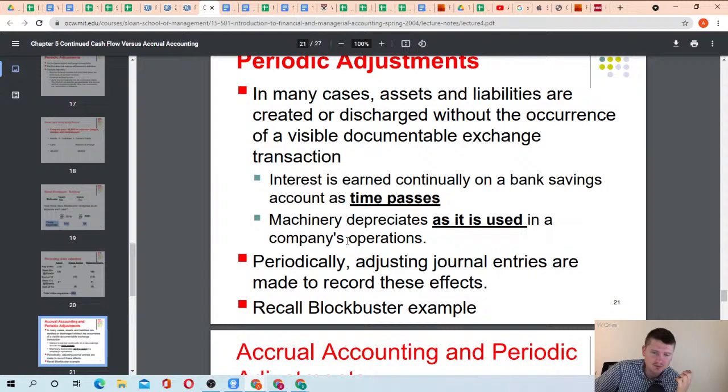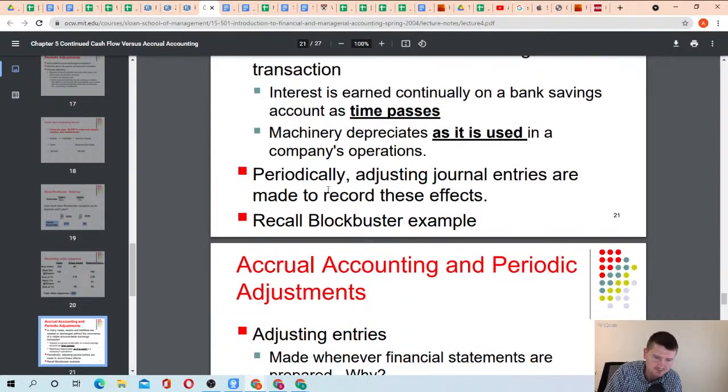So they have an income generating activity, for example if you earn interest, or an expense generating activity. And you must have a list of such items, and you must record items like that every month. And this is called adjusting journal entries.